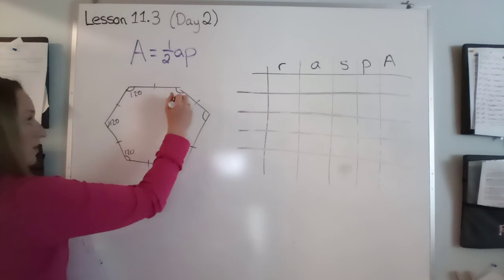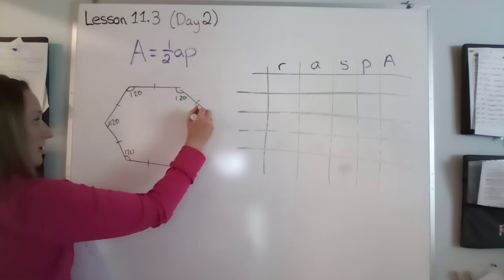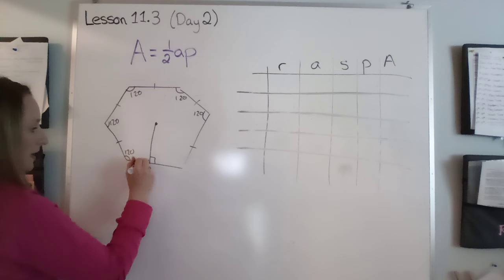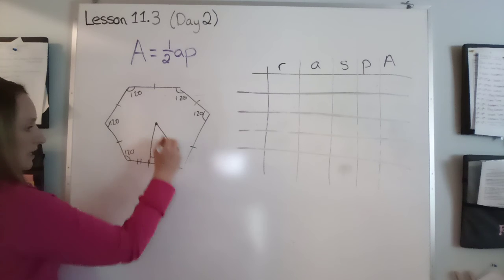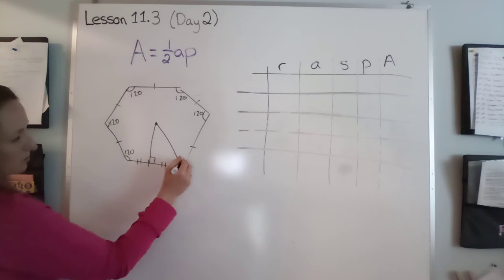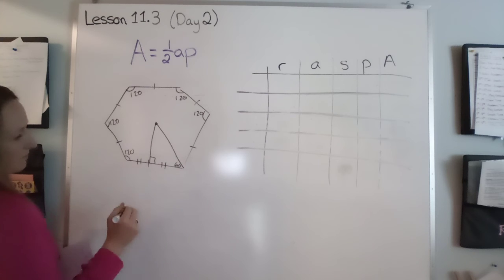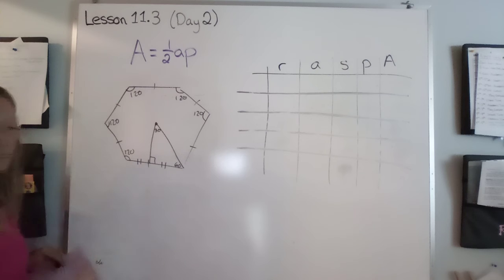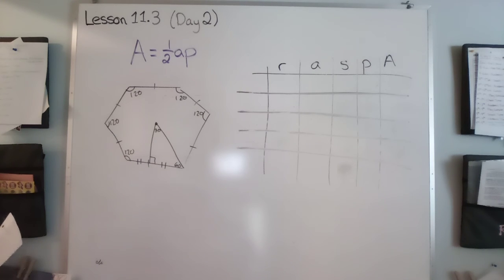Now when you draw in your hypotenuse and your radius, the hypotenuse is perpendicular to the side and bisects the side. Your radius bisects the angle. So if this was 120, I now have 60. So I have a 30, 60, 90 right triangle. All right.